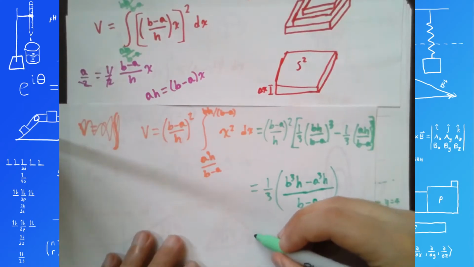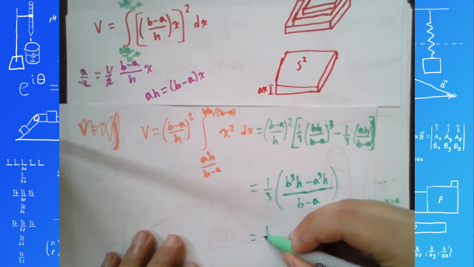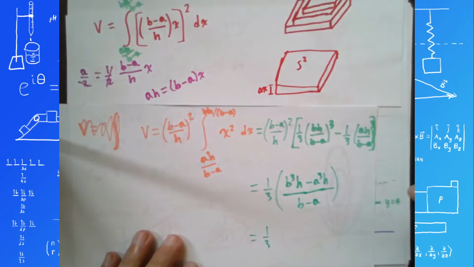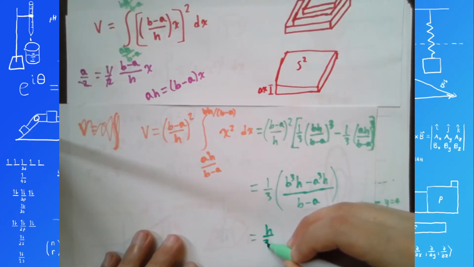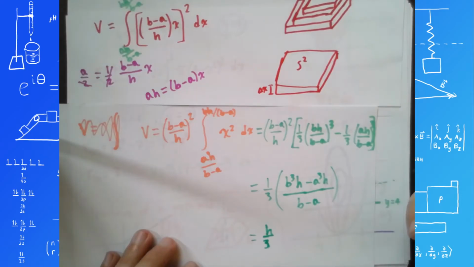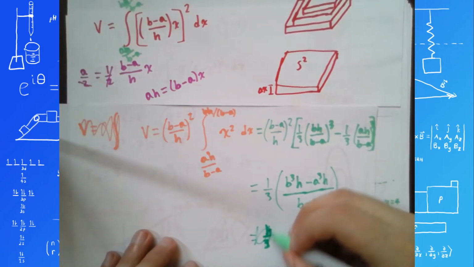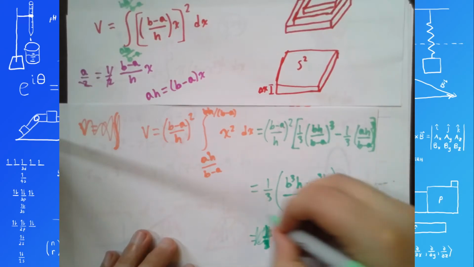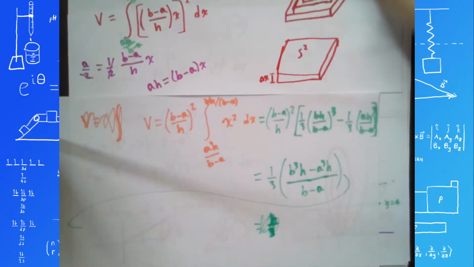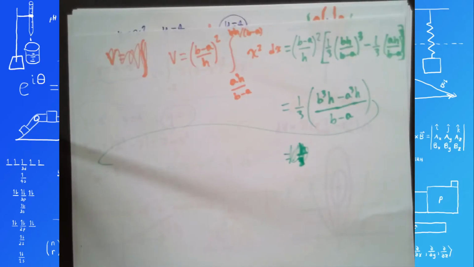And so we're left with 1/3. I can factor out the H, so I guess I'll make it H over 3. Well, actually no. I think I see where this is going, so I actually want to keep it written as 1/3, but let's continue it over here so I have more space to work with.